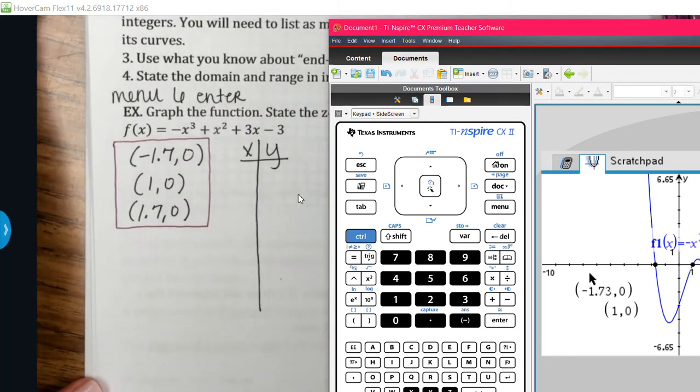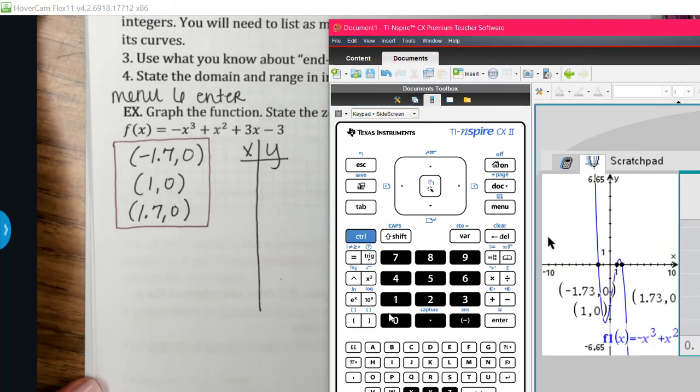If you look, you need to have enough on the left of that 0, enough here to make that curve, and enough here. Now I don't need every single point between these, but you need enough, okay? So I'm going to go to Control T, and I'm going to at least go to a negative 2. If I know that this is a negative 1.7, I need at least negative 2.